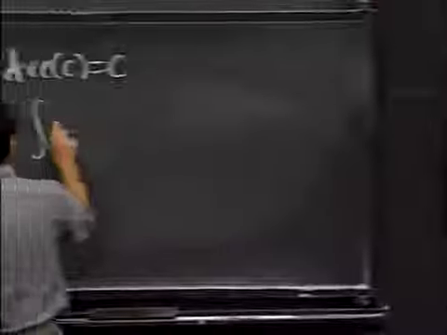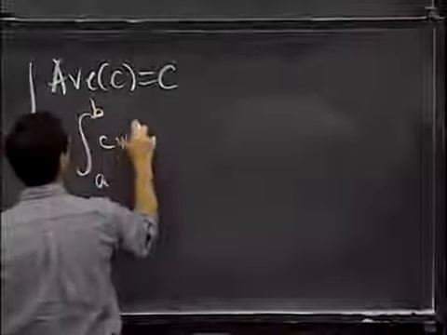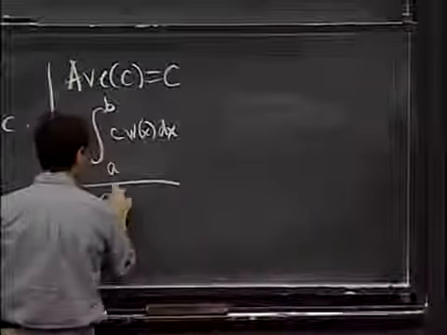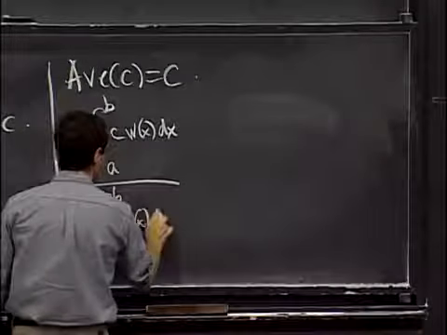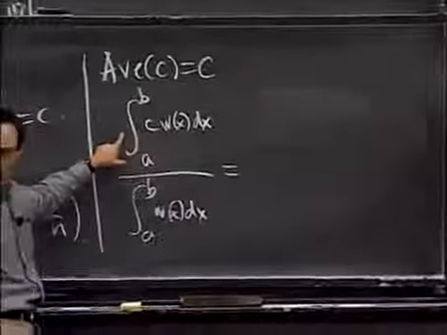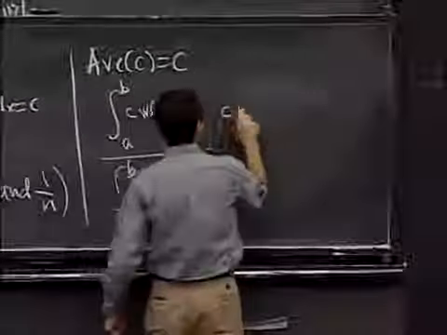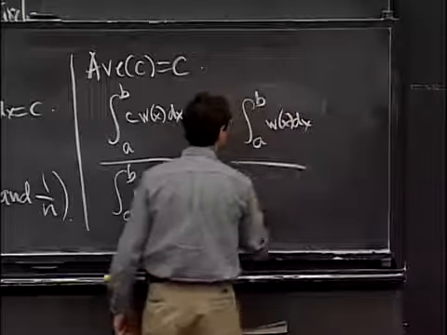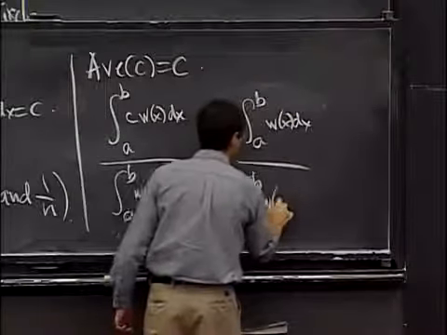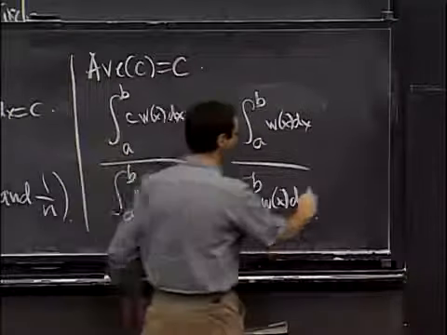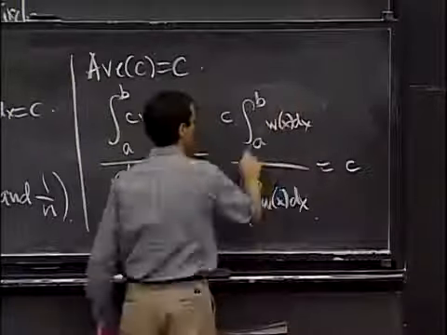If you integrate c from a to b, w of x dx, and you divide by the integral from a to b, w of x dx, not surprisingly, the c factors out. It's a constant. So this is c times the integral a to b w of x dx divided by the same thing. And that's why we picked it. We picked it so that these things would cancel, and this would give c. All right?